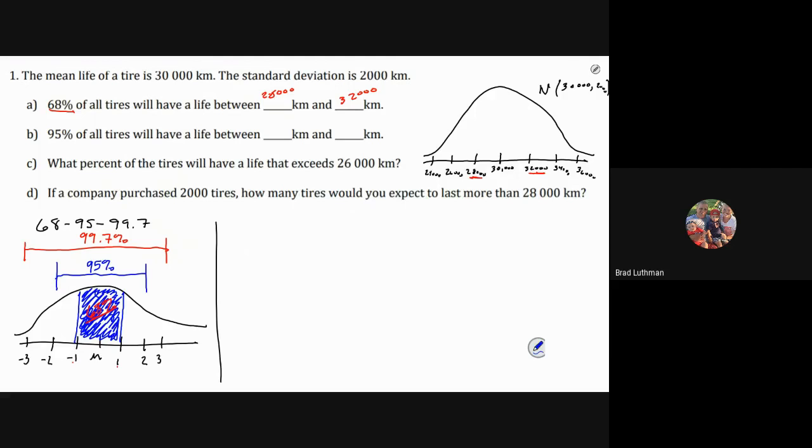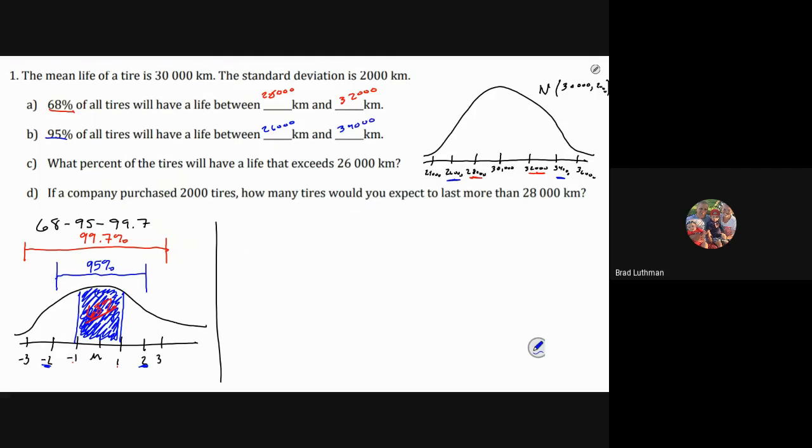Then the next question refers to the 95%. So now we know that we're 2 standard deviations above to 2 standard deviations below. So we look here, and we're at 26,000 to 34,000. We're giving ourselves a little bit of leeway because we want to capture more of the population.